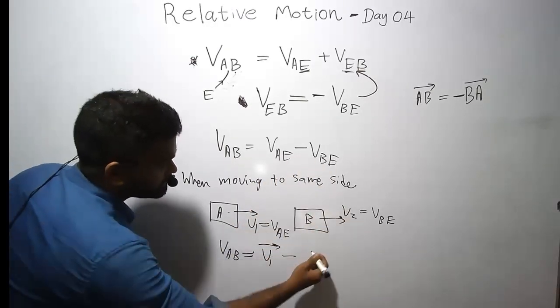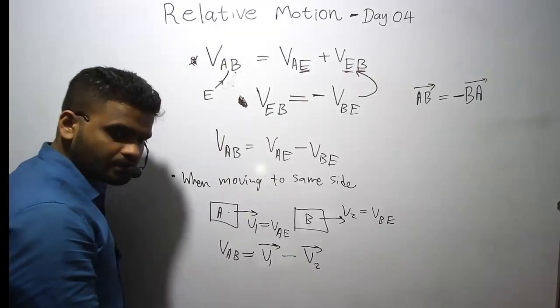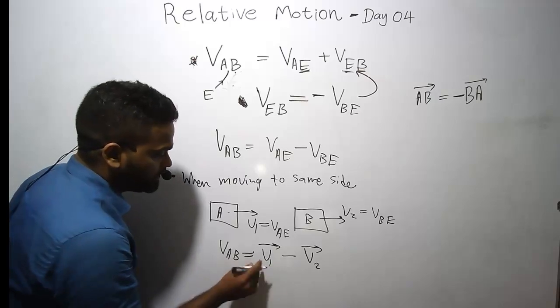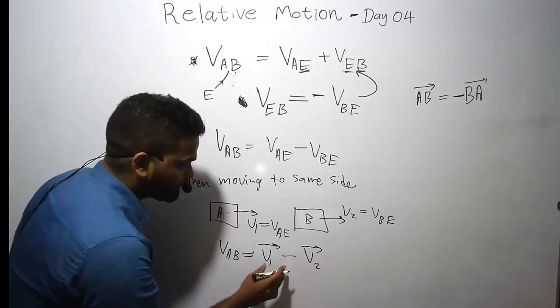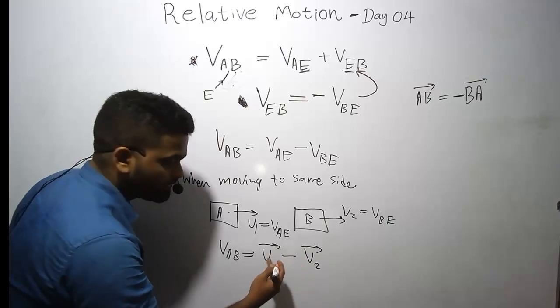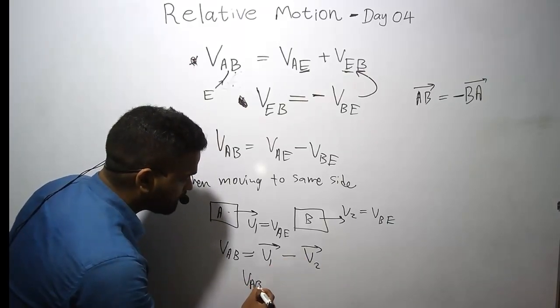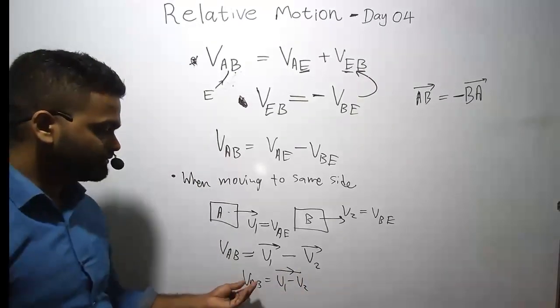What is that? V2. Since these two vectors are to the same side, you can simplify these two. Then what do you get for the relative velocity VAB? You get V1 minus V2.